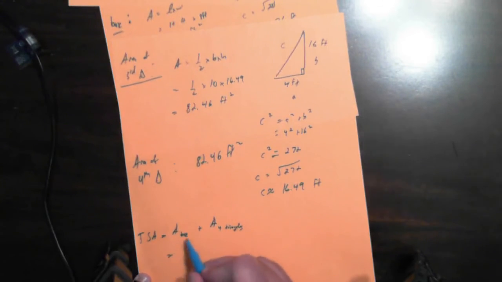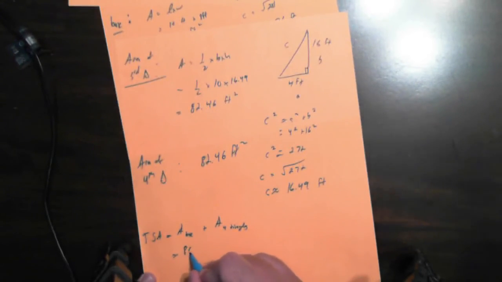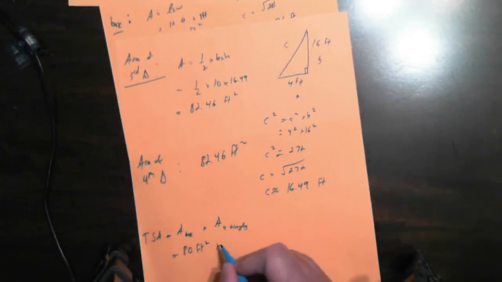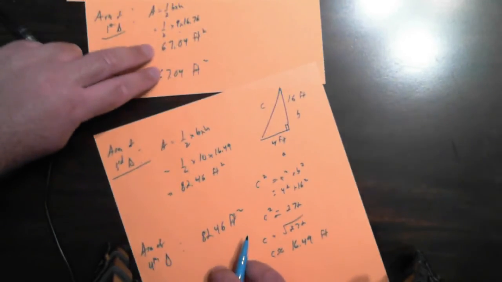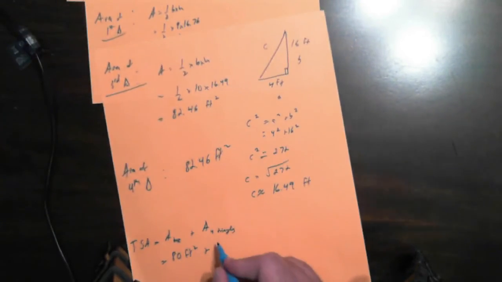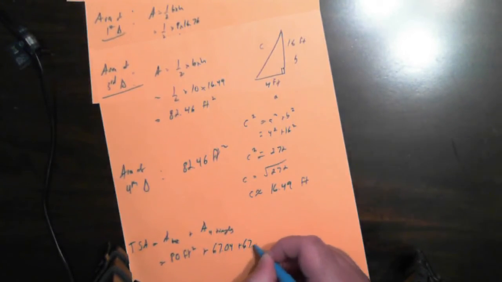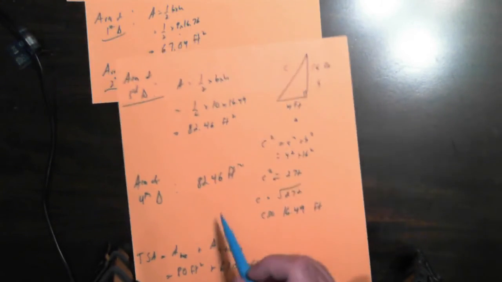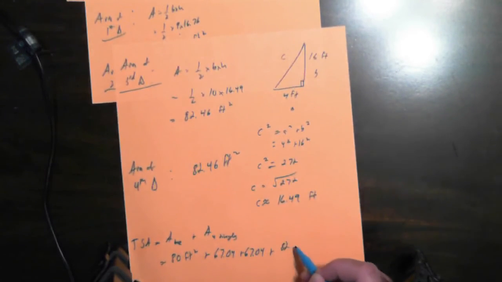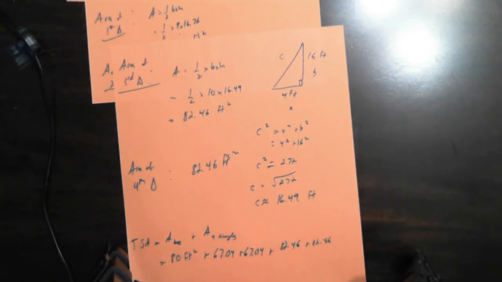Okay? So the area of the base, of course, is 80 square feet. The area of the first 2 triangles was 67.04, so plus 67.04 plus 67.04. The area of the other 2 triangles is 82.46 plus 82.46 plus 82.46. We punch this in our calculator now.